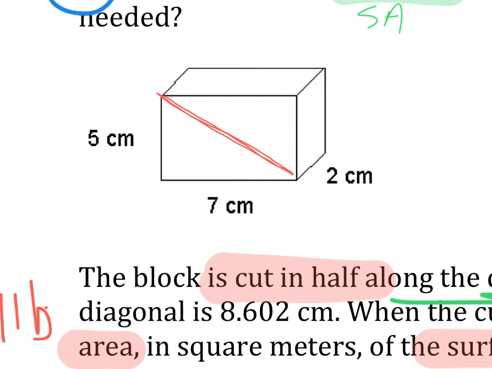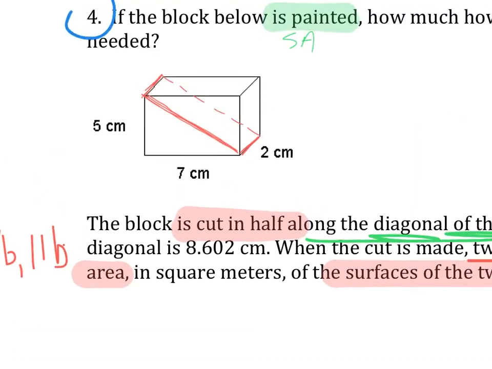But that line is not the only part of the cut. Remember, this is 3-dimensional. So when I cut this direction, it's not just going from corner to corner, it's going through the whole shape. So it's going to enter on the back side here and exit on the front side here. Those are entry and exit cuts. And while it's cutting down the center here, down the diagonal, remember the other part of the blade is hanging out the back. So right now, you should be able to see the 2 prisms that are formed.